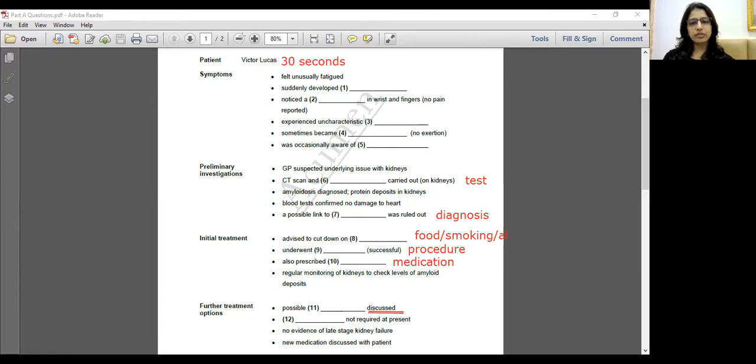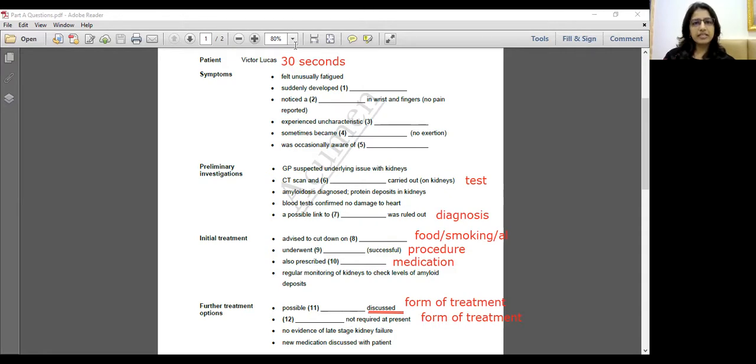So here I'm looking for a form of treatment. And for the next one, blank not required at present. Again, I'm looking for a form of treatment, but this time one that is not required. And for the 11th, it is treatment which will possibly be taken into account for this patient.